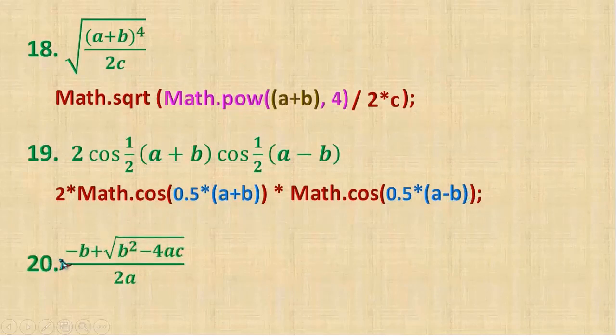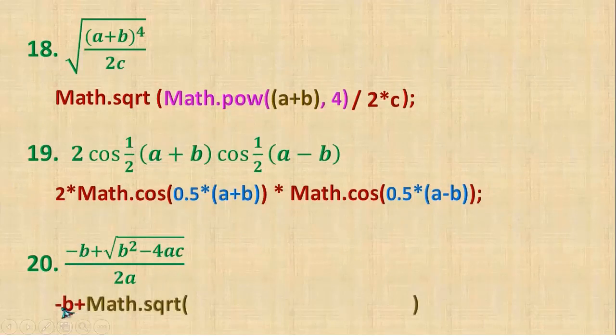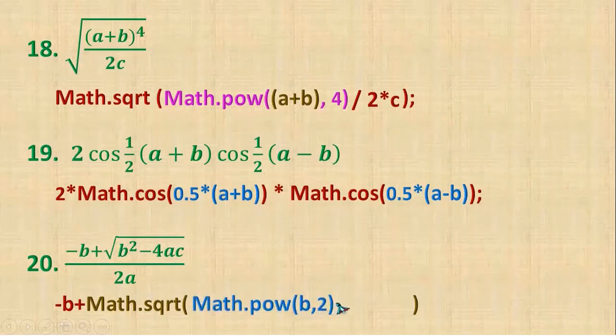Next we have minus b plus the whole square root of b square minus 4ac divided by 2a. So the whole divided by it is there. We write minus b plus Math.sqrt of this one, Math.pow of b comma 2 minus, don't write 4ac, 4 into a into c and then divided by 2a.